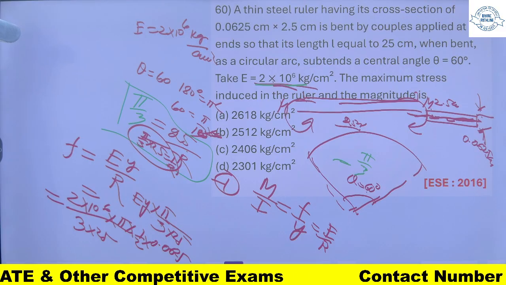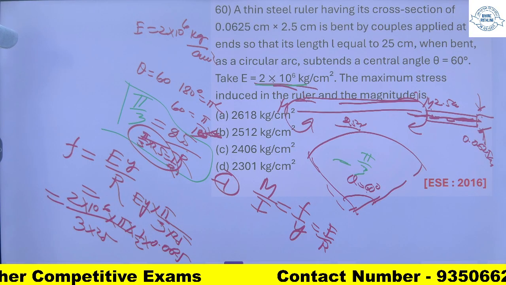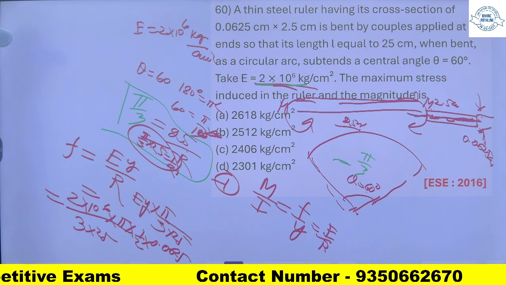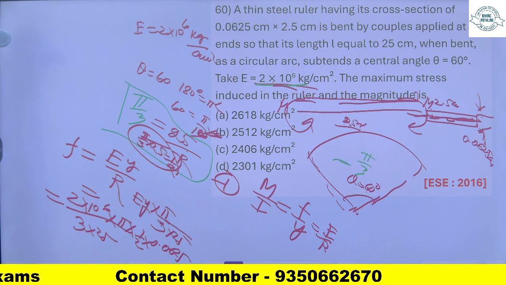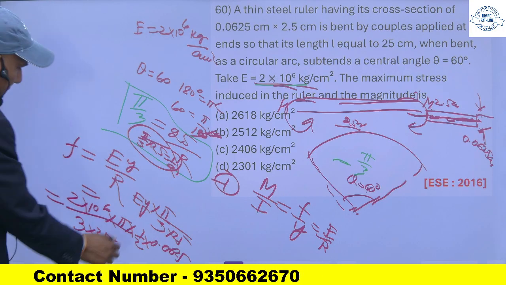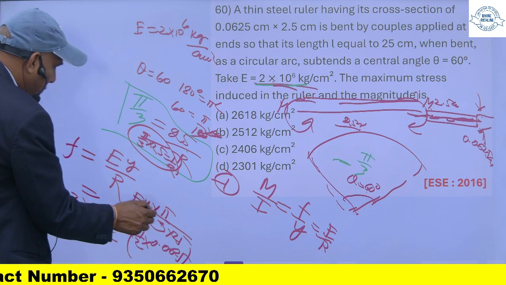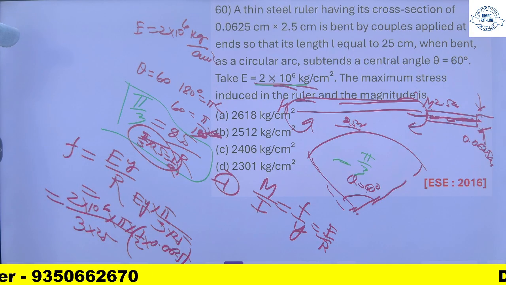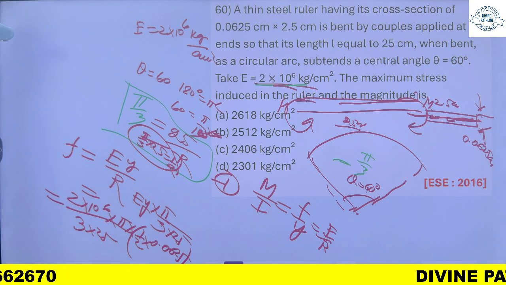So E into Y is this one, into pi by 3 into 25.